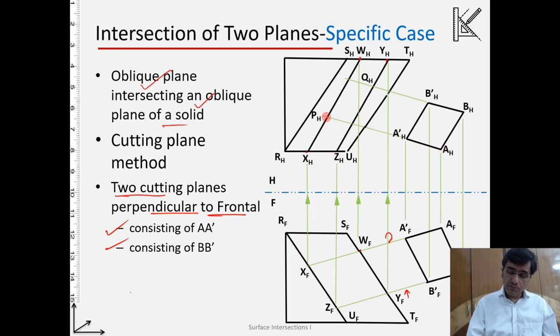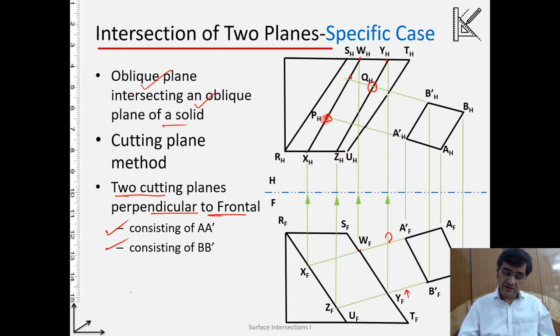So if we do it, corresponding to the point of intersection here, say P is the point of intersection of AA dash with XW. So this is one point of intersection. Similarly, the other point of intersection is Q. If we join these two, we will get where this plane A dash B dash is intersecting the other oblique plane, which is RSTU.